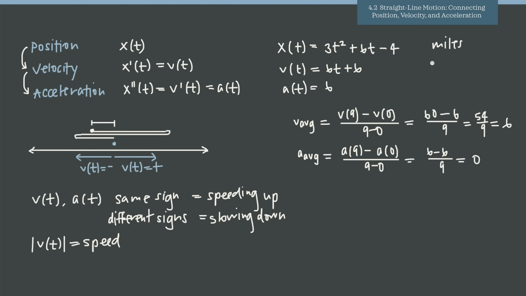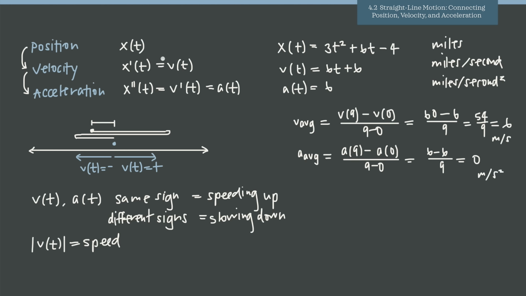The velocity function is going to return something in terms of miles per second. And the acceleration function is going to return something in terms of miles per second squared. Average velocity is going to be miles per second as well, whereas average acceleration matches acceleration here, miles per second squared.